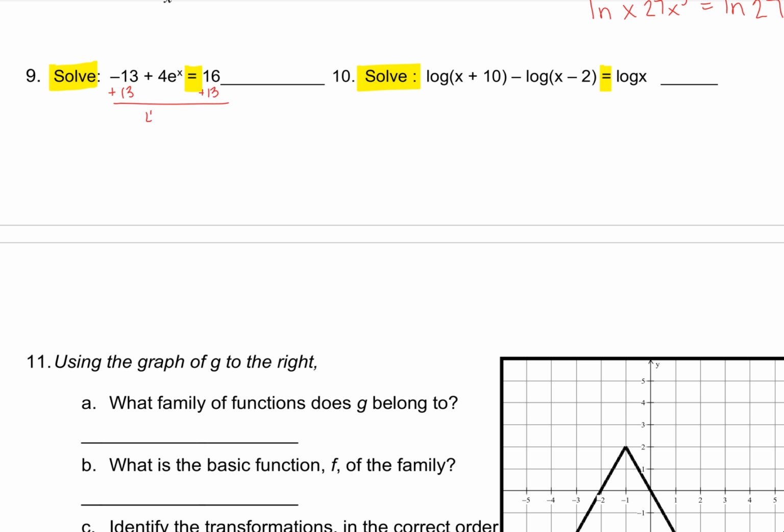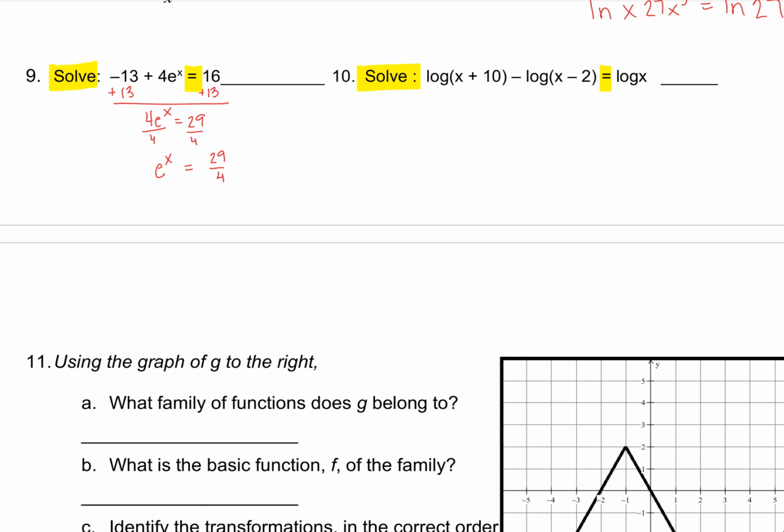I get a 4e^x equals 29. Now I move my division, divide by 4. 29 and 4 do not reduce any further, so they're going to say 29 over 4. So I get e to the power of x equals 29 over 4.